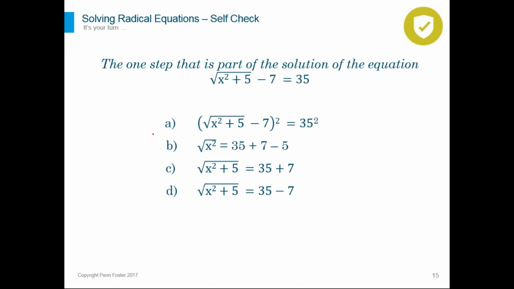And this time, what step is part of the solution of the equation, the square root of x squared plus 5 minus 7 equals 35? Which one is a solution, or a part of the solution of this equation? So we need to see which one is correct here. So again, I'm going to leave it for a few seconds and then switch my screen.